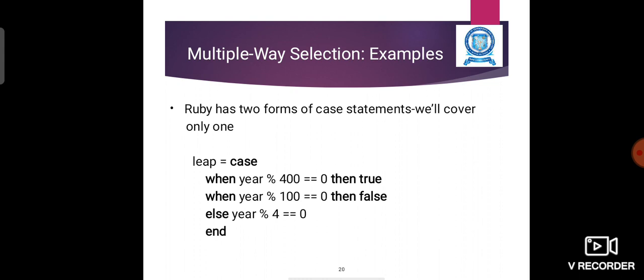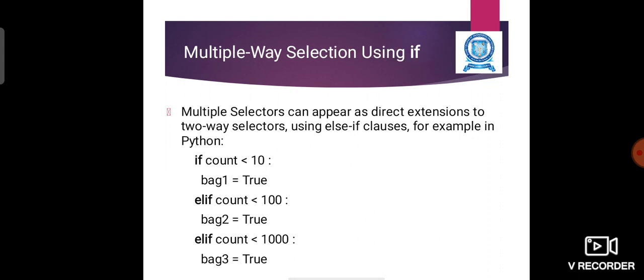Also, Ruby has two forms of case statements. We will cover the one equal to case. Here the conditions will be nested to provide the multiple selection statements.